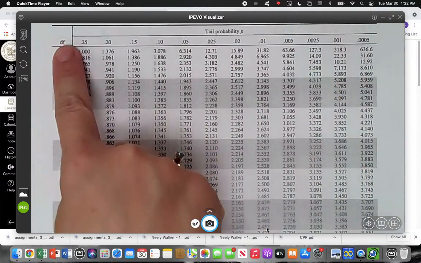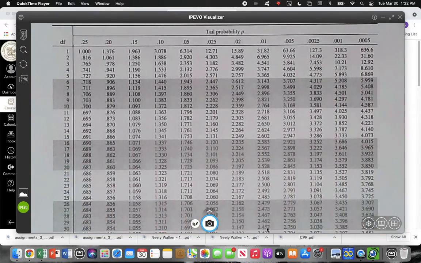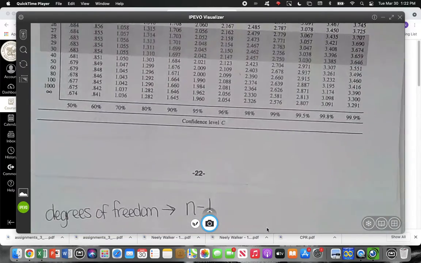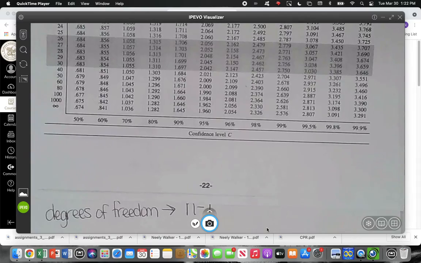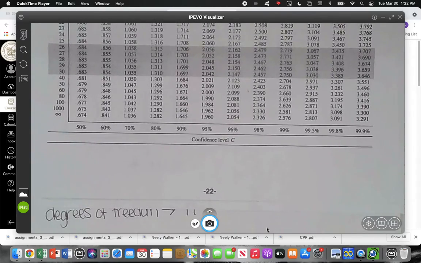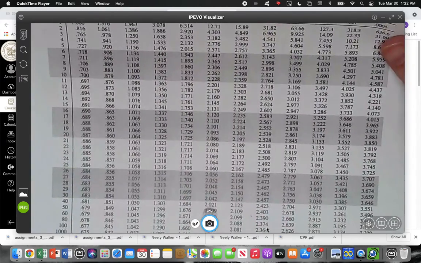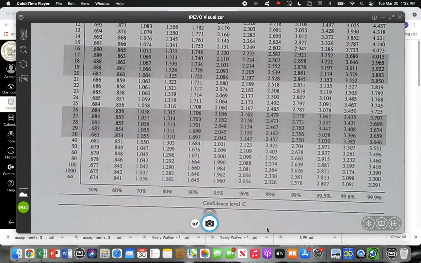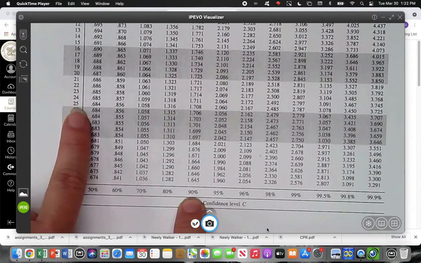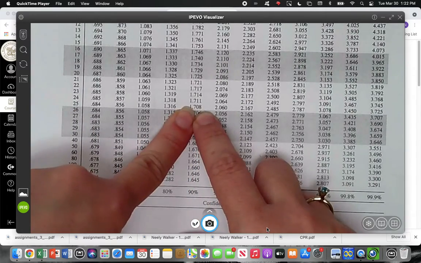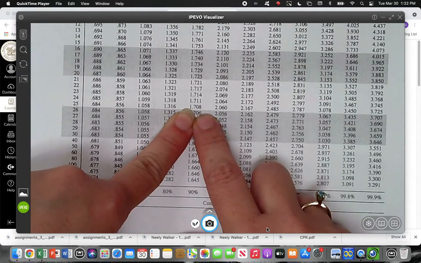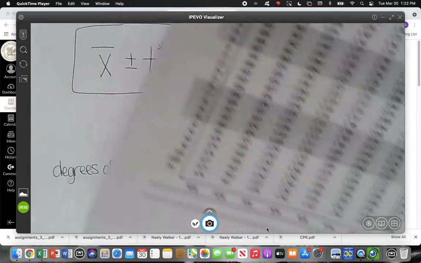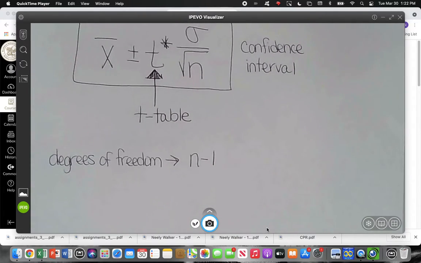So we have degrees of freedom all the way down, but at the bottom it has the confidence level. So you can directly, there's no crazy adding and subtracting here. 90% confidence, 25 degrees of freedom, there's your answer. It's that easy. So I have some examples I want to do.